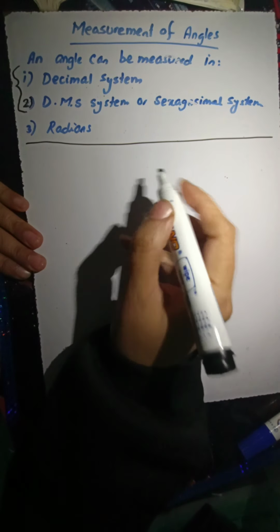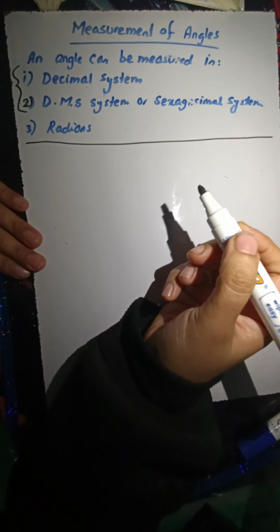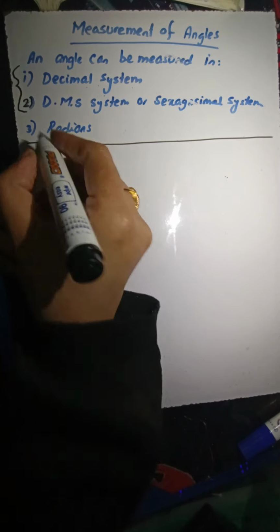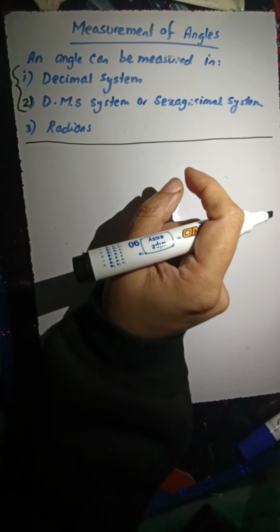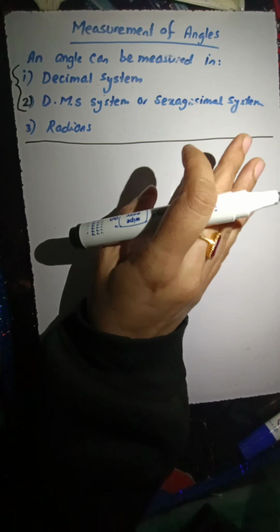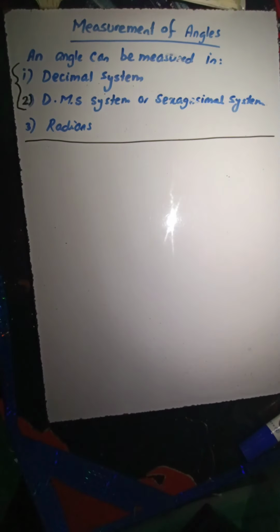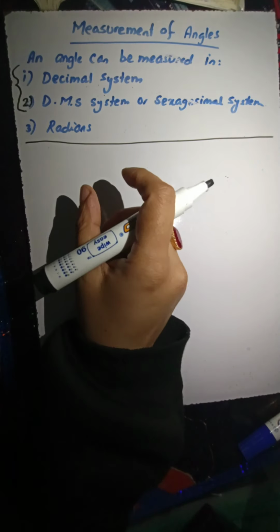Whatever the gap of 1 degree is, depending upon the whole rotation, a degree is further divided into 60 divisions, just as an hour of a clock is divided into 60 minutes. The whole 1 hour is divided into 60 parts, and one of those equal parts is called a minute.